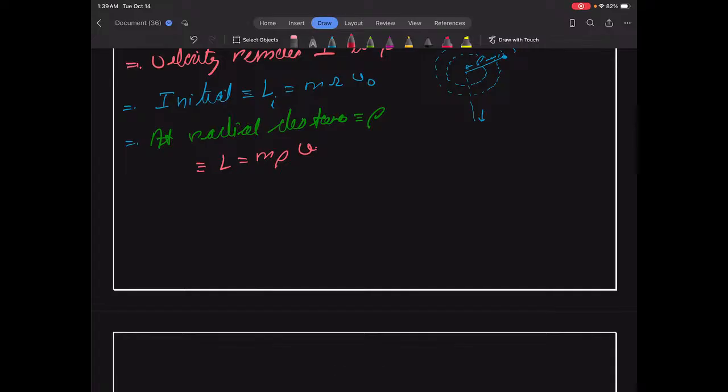And according to conservation of angular momentum, we can write our L i is equal to L rho.